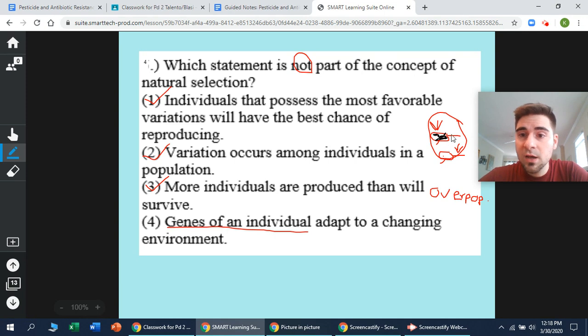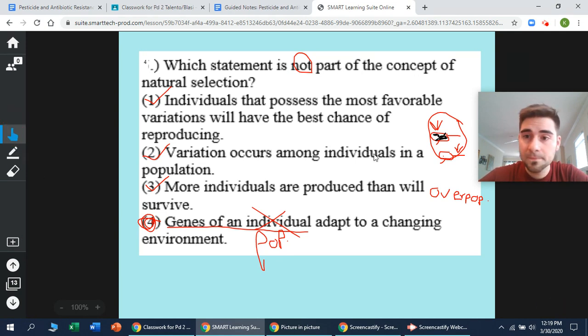The mice born with the genes for black fur color were more likely to survive. So the genes of the individual do not adapt. The genes of a population, which is a group of organisms, do adapt, right? So this should be choice 4, because they evolve as a group, not as individuals.